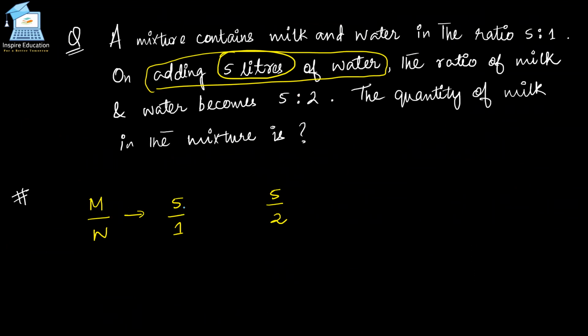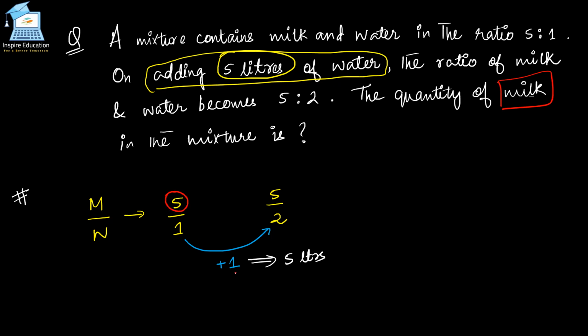So milk is constant, 5. There is no need to balance it. Water is changing. How much? +1. But this is fake. Water is not changing by +1. Water is changing by 5 liters. So 1 is equivalent to 5 liters. If 1 is 5, you need to find the quantity of milk.